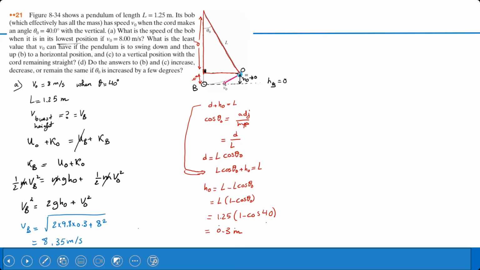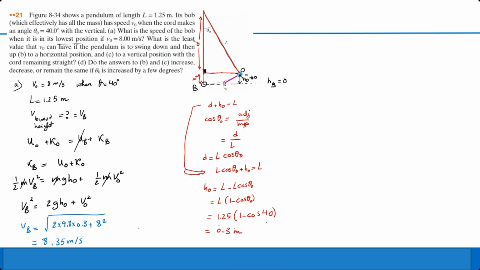So in part B, what is the least value that V0 can have if the pendulum is to swing down and then up to a horizontal position, and in C to a vertical position with the cord remaining straight? So, okay, that's very interesting.